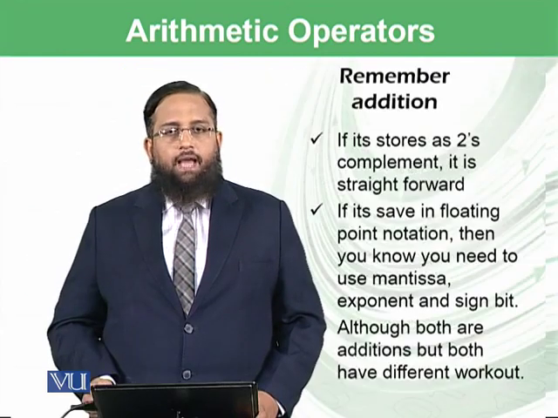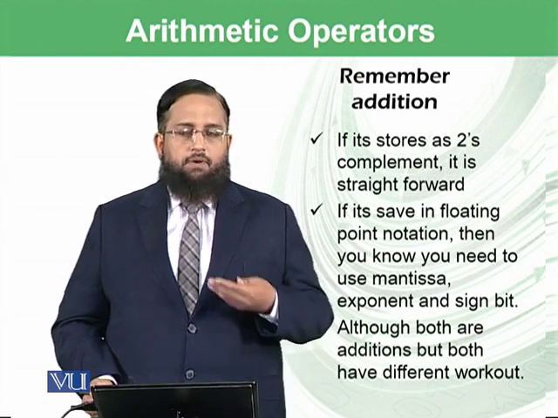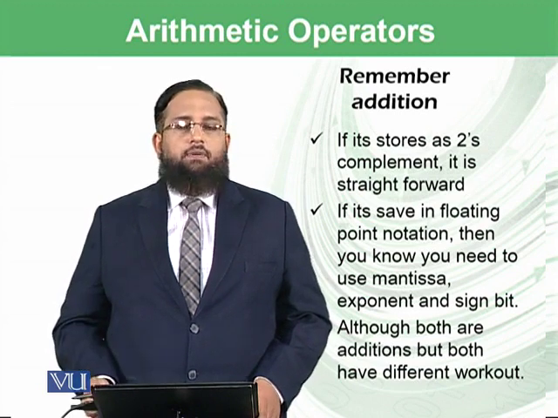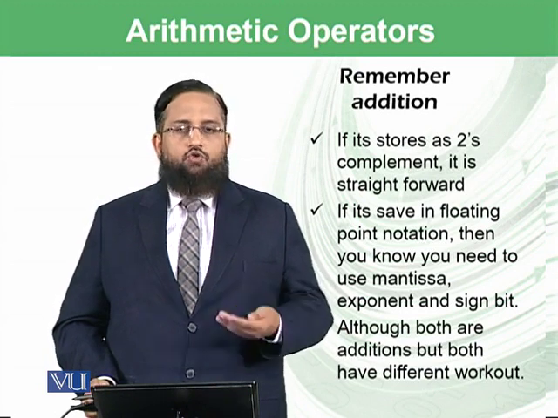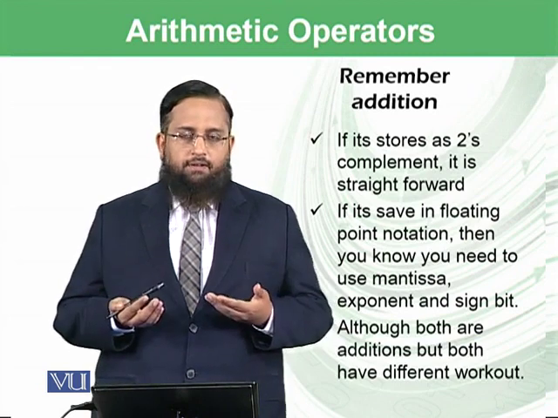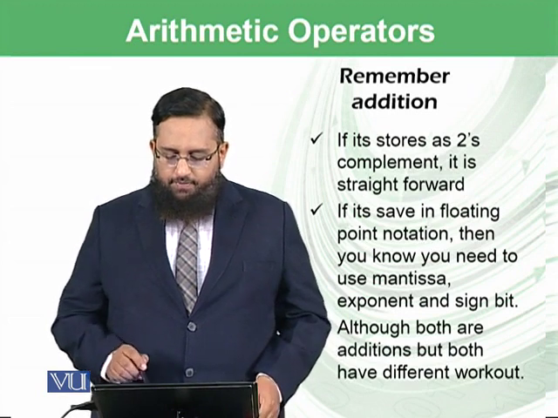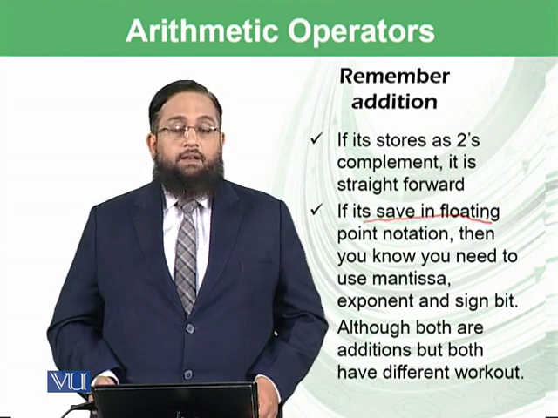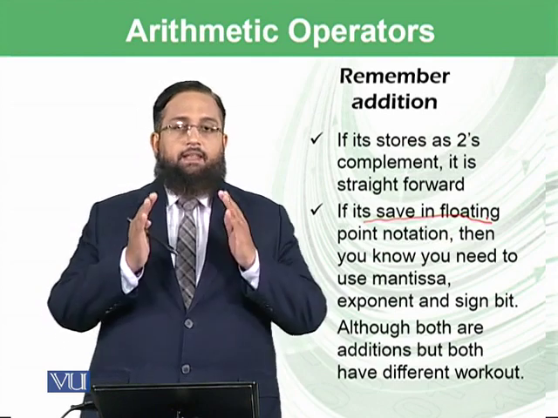However, whether we are performing addition, subtraction, multiplication or division, you must remember how the number has been stored. If the number has been stored using 2's complement notation, then it is very straightforward: fetch the value and subtract it, add it or multiply it. However, if it has been saved in floating point notation, then you must remember that in floating point there is a sign bit, a mantissa field and an exponent field.